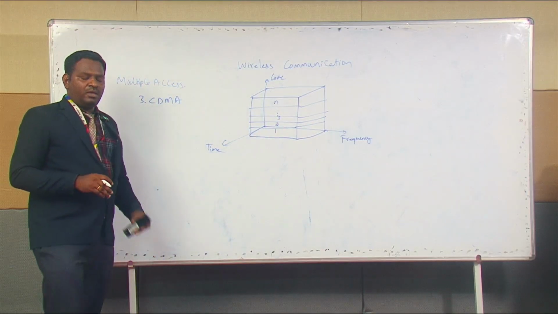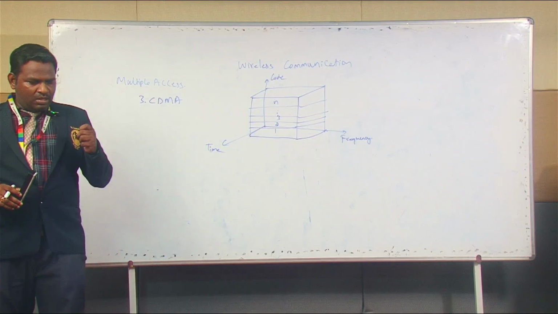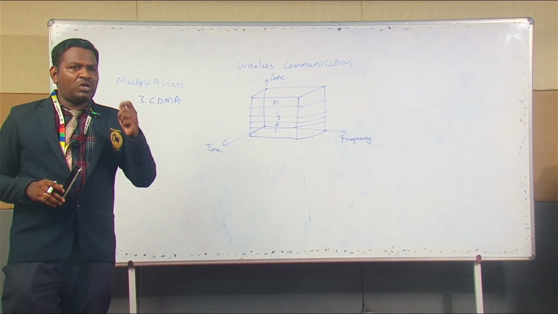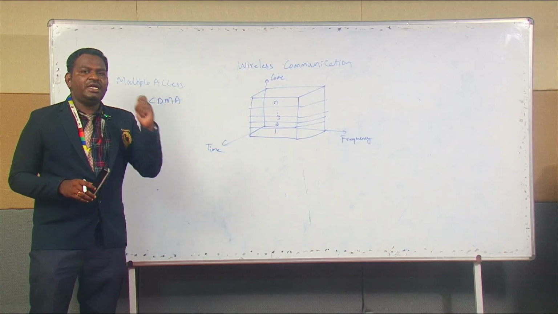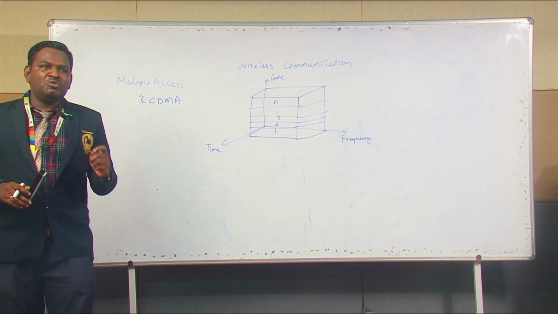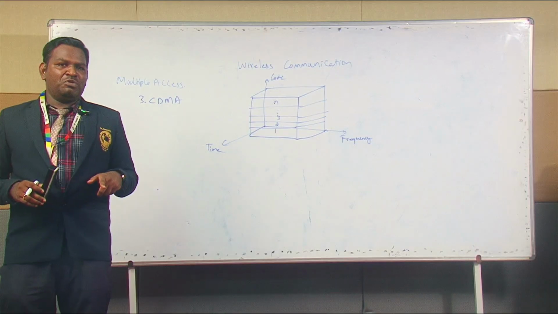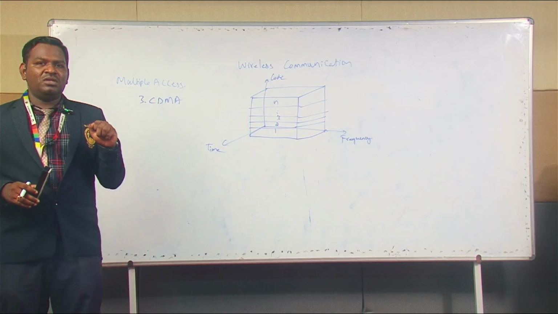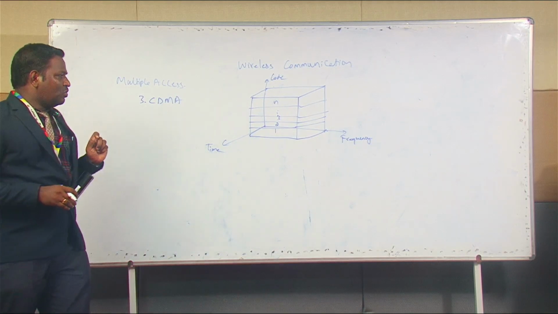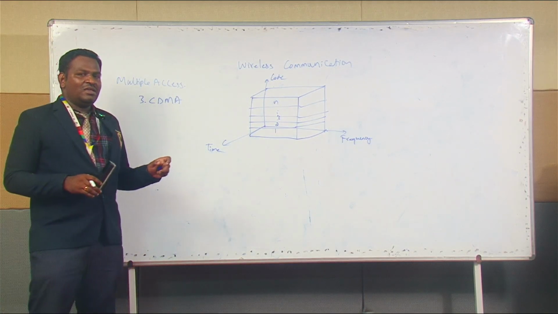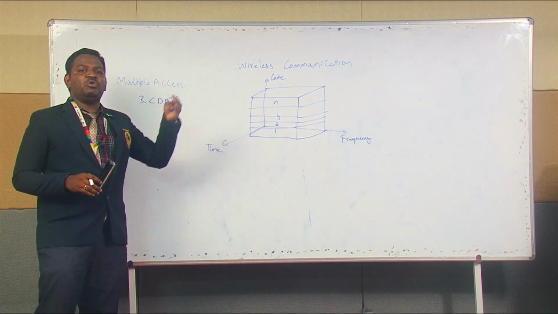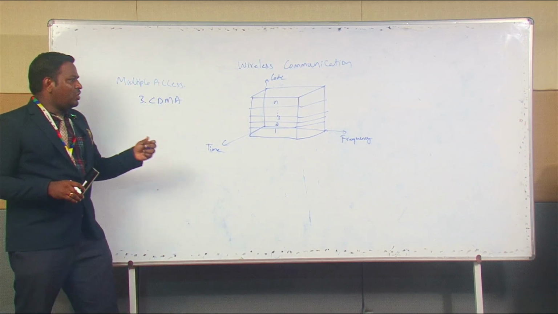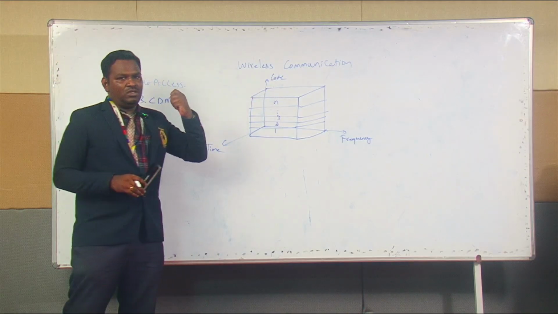In FDMA, the particular user can use a particular frequency band, that is a subchannel. In TDMA, the user can use the entire frequency band, but only during a particular time slot. In CDMA, the user can use the entire bandwidth and the entire duration of time, but they need to use a code.